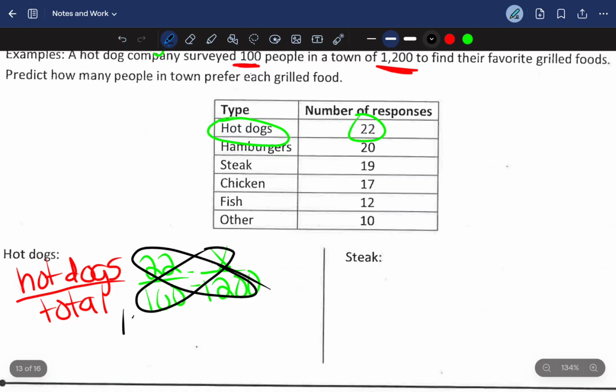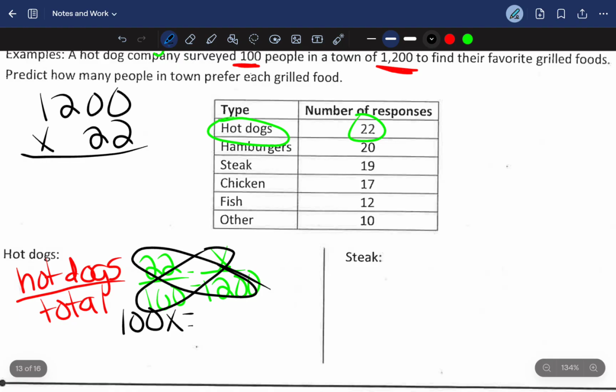So we get 100x equals, and then I would do 1,200 times 22, which if I go through that process, gives me 26,400. So 100x equals 26,400. I'm going to divide both sides by 100.